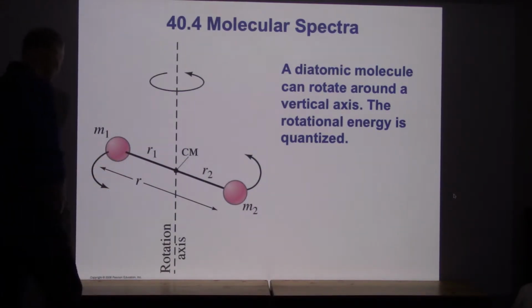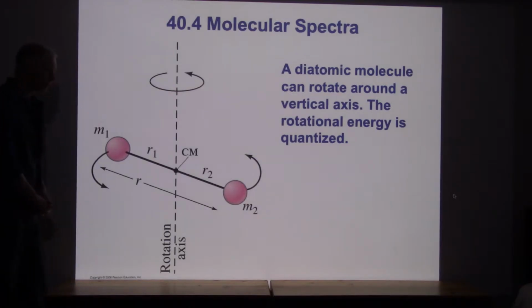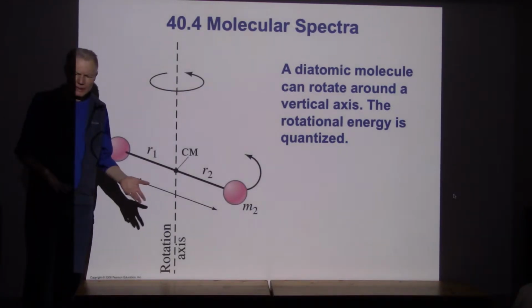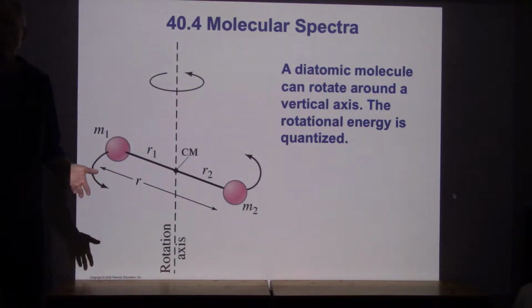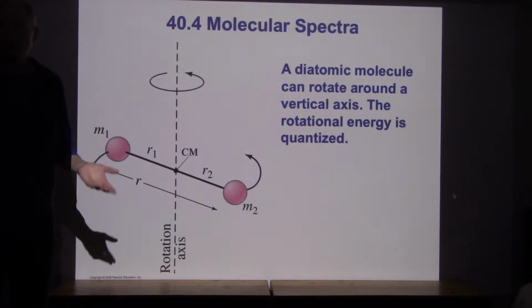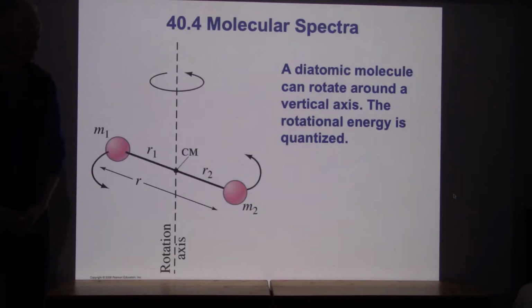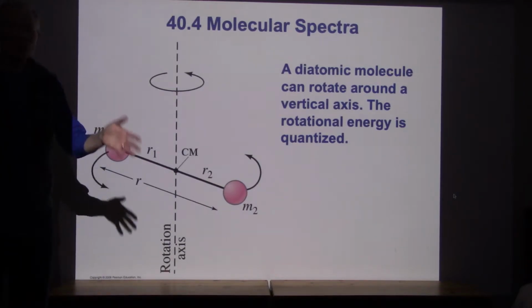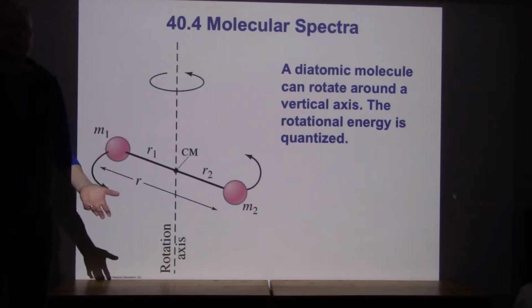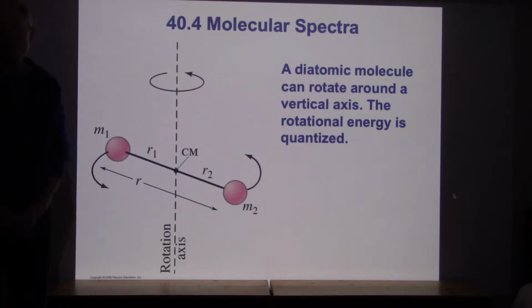Now, if we have a diatomic molecule, when we think about rotational kinetic energies, they are associated with mass in motion. And if we look at a molecule, the mass is pretty much all in the nuclei. The electrons contribute a tiny fraction, less than 1,000th of the mass in a molecule.